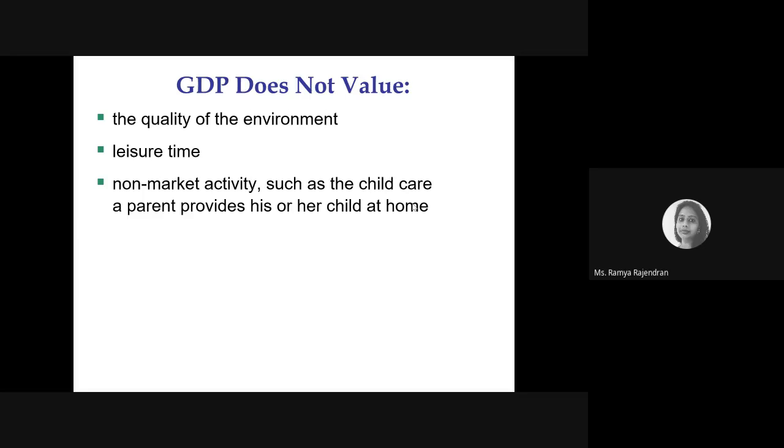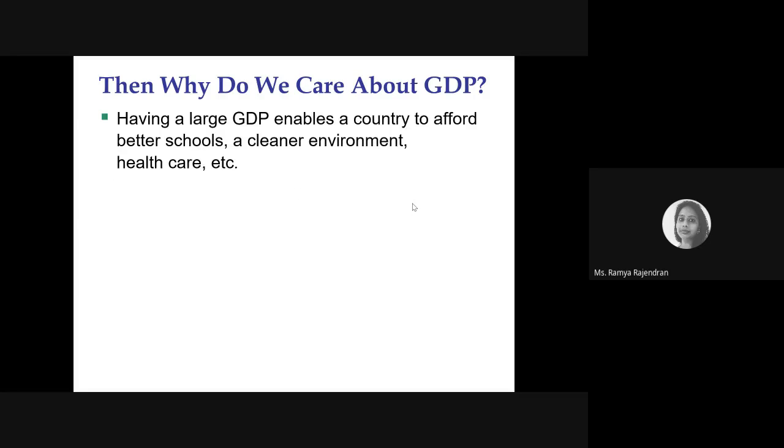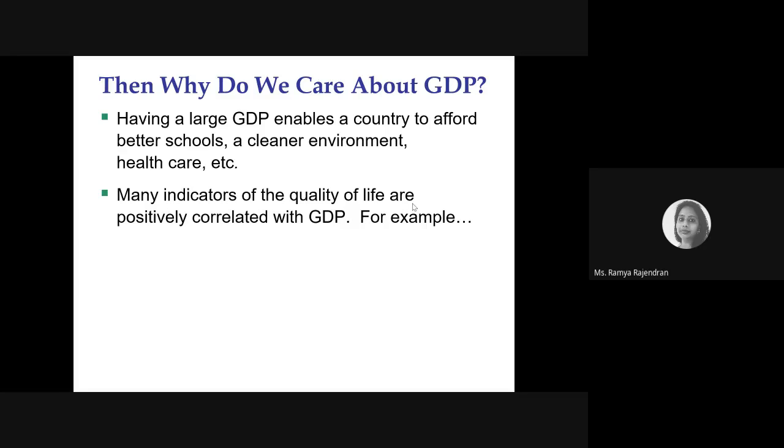The work-life balance cannot be measured through GDP. The child care facilities that a parent is providing cannot be measured. A lot of things can't be measured, but this is the only way that we can measure the progress of a country.